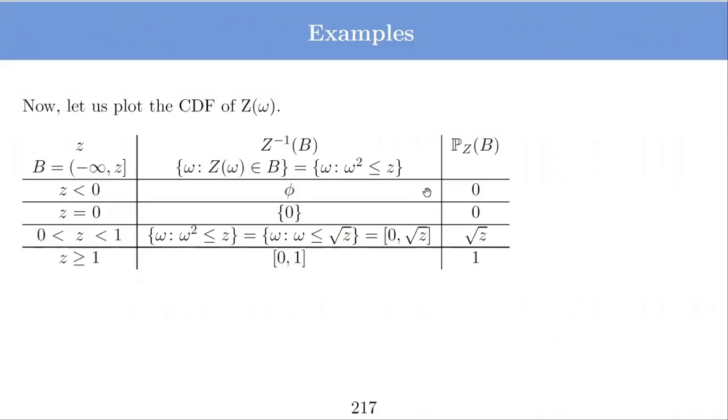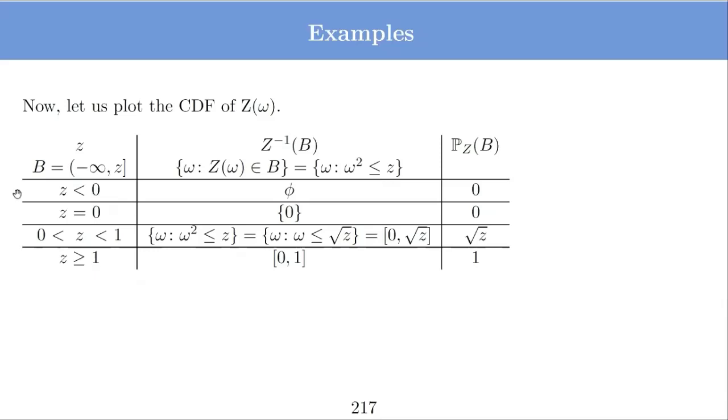Now, the pre-image is given by all omega such that Z(omega) is in B. So what is Z(omega)? Omega square. So Z(omega) is in B means Z(omega) is less than or equal to small z, and if Z(omega) is omega square, this will be omega square less than or equal to z.